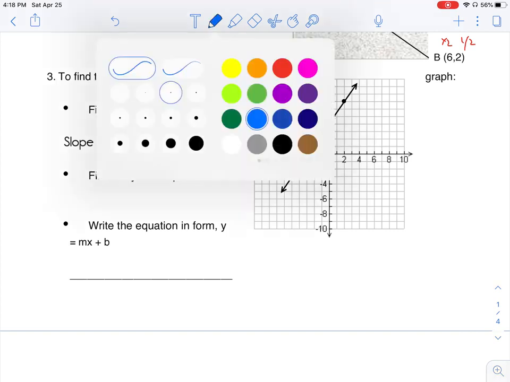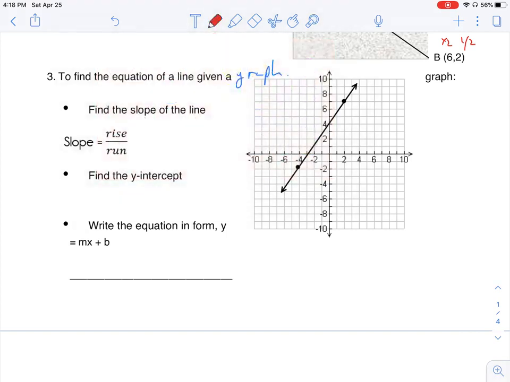Well, if I'm going to plot this, here's my first point here. We can clearly see that that's the point, and our second point is clearly here. So if I come over to about there, and then this change in the up down is that. So this can be the run and the rise.